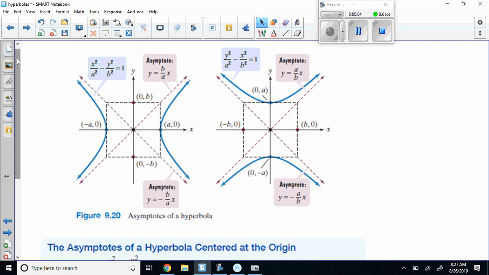The first picture is horizontal, right? The asymptote equations, y equals, put plus and minus because you're going to do both ways, b over a x. And if it opens up and down, if it's oriented vertically, then it'll be y equals plus or minus a over b, right? That's going to change depending upon how it's oriented. So you need to make sure you know that.